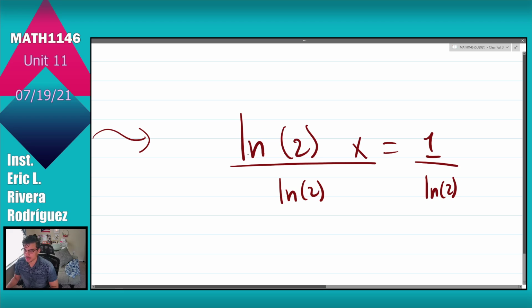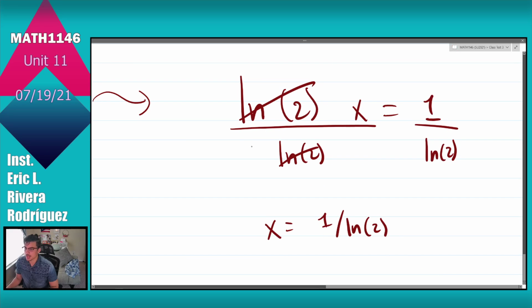That way, we've canceled this factor, and x is going to be 1 over natural log of 2. See that we could use the operations on natural log of 2. Here we could divide both sides of the equation just to get rid of it on the left side.